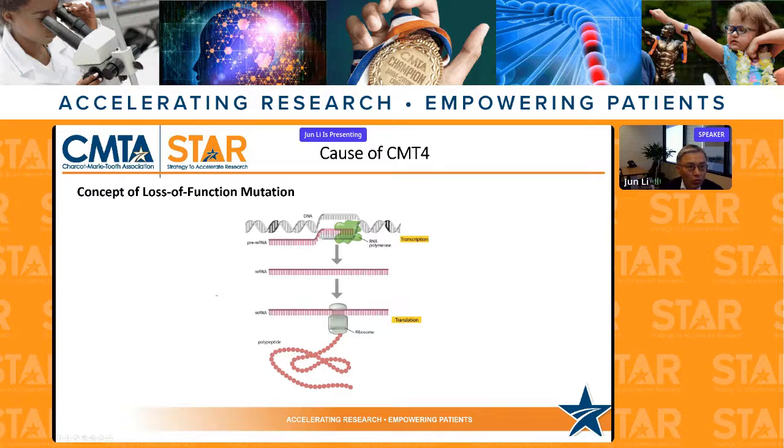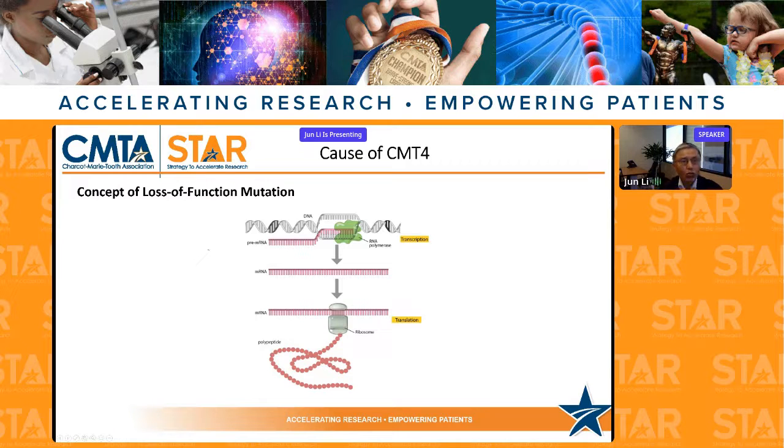In order to understand how therapy has been developed for CMT type 4, I would like to introduce the concept of loss of function mutation. Here is a diagram showing a gene. The gene gets transcribed to mRNA, and after the mRNA is formed, it engages with the translational machinery, which reads the codons from the mRNA and eventually produces a protein.